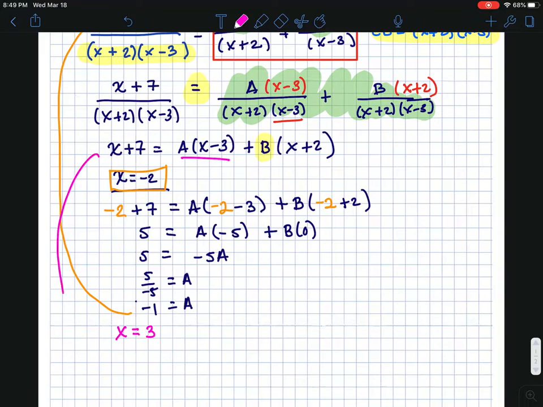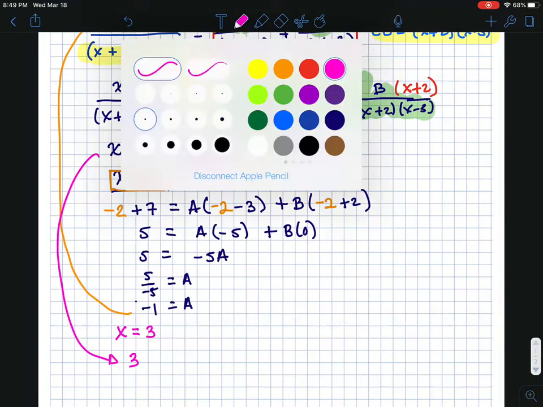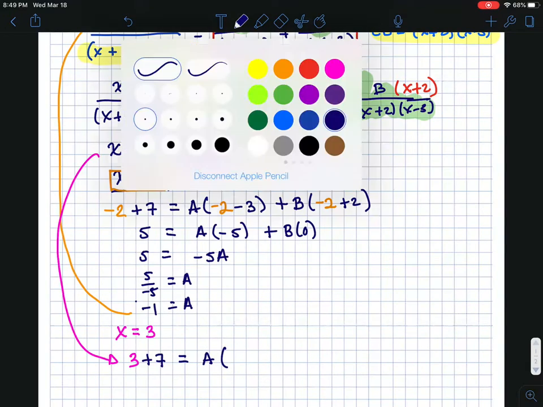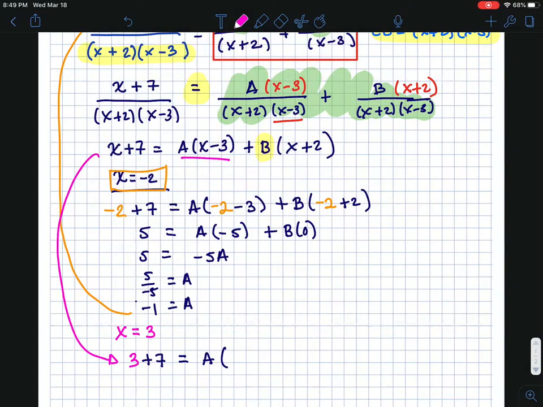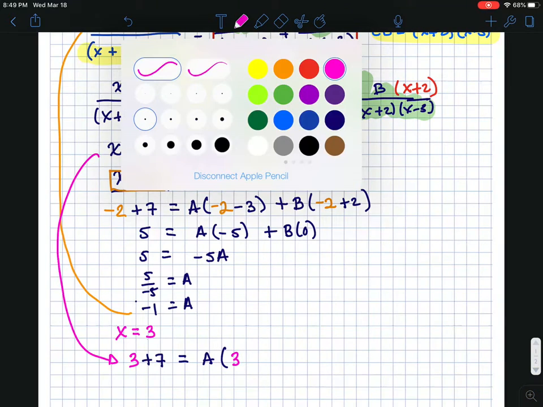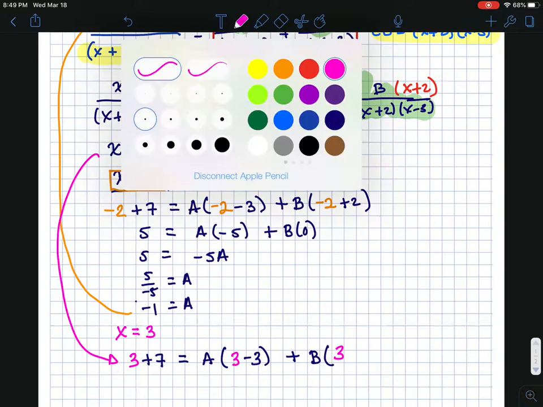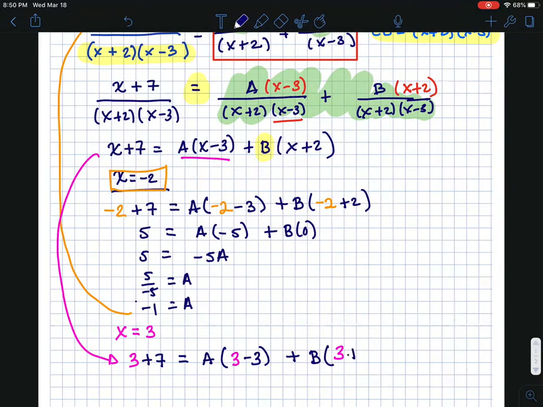So we'll let x equal 3. Okay, using this right here, we'll have 3 plus 7 equals a times (3 minus 3) plus b times (3 plus 2).